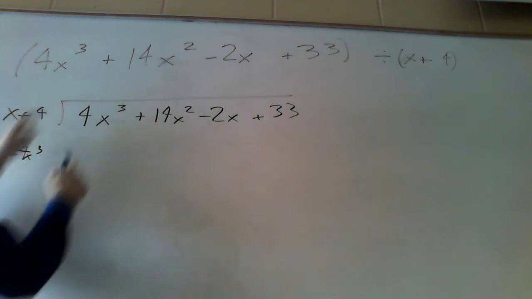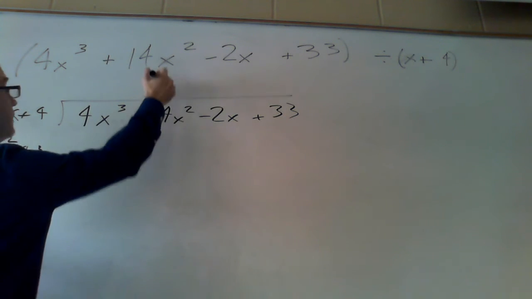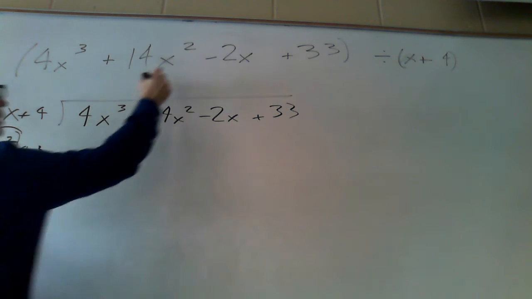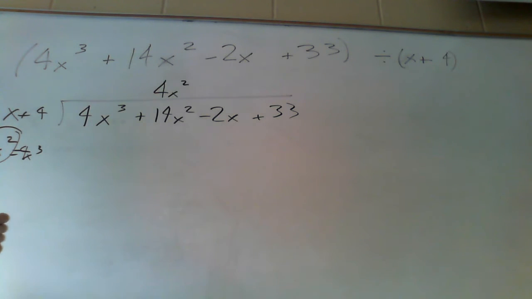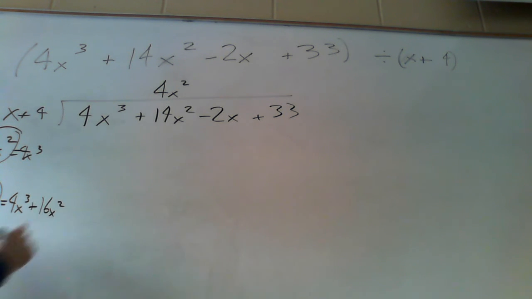So I put, not directly above, but because I've got a binomial, I'm going to put this 4x squared above the second term. I multiply x plus 4 times 4x squared. That gives me 4x cubed, distribute, and then 4 times 4x squared is plus 16x squared.